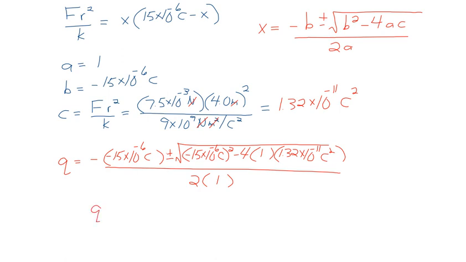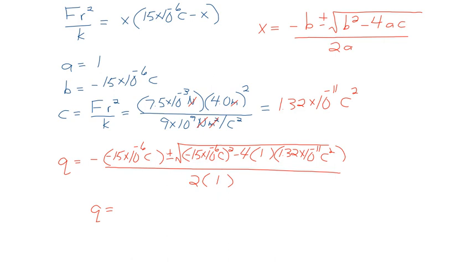And if we solve that, this is how I would put this in the calculator. I would start inside the square root and work my way out. There's a plus or minus, which might be the two choices that I get for the answer. Since this number is in scientific notation, I'm going to put it in parentheses because I don't want my calculator thinking I'm just squaring the 6. I want it squaring the whole thing.